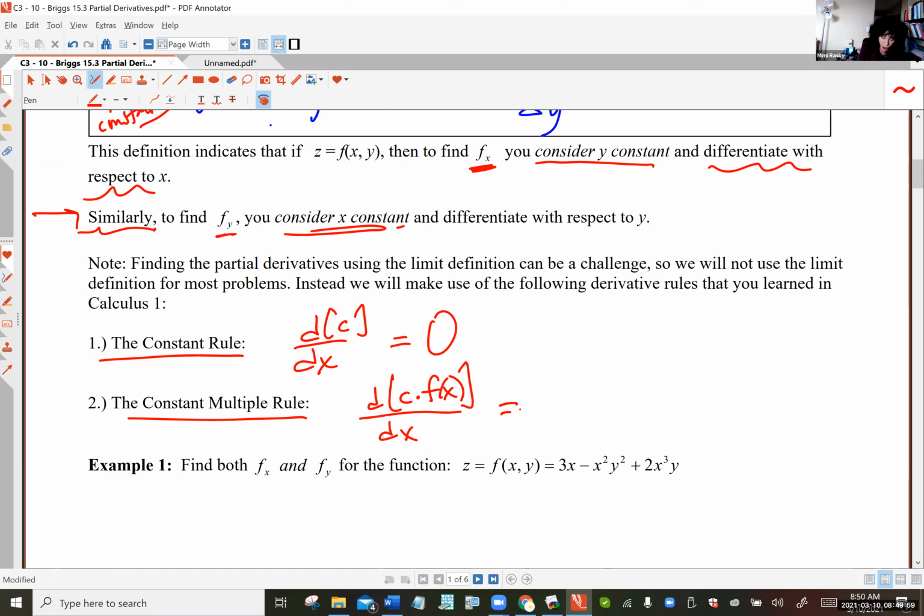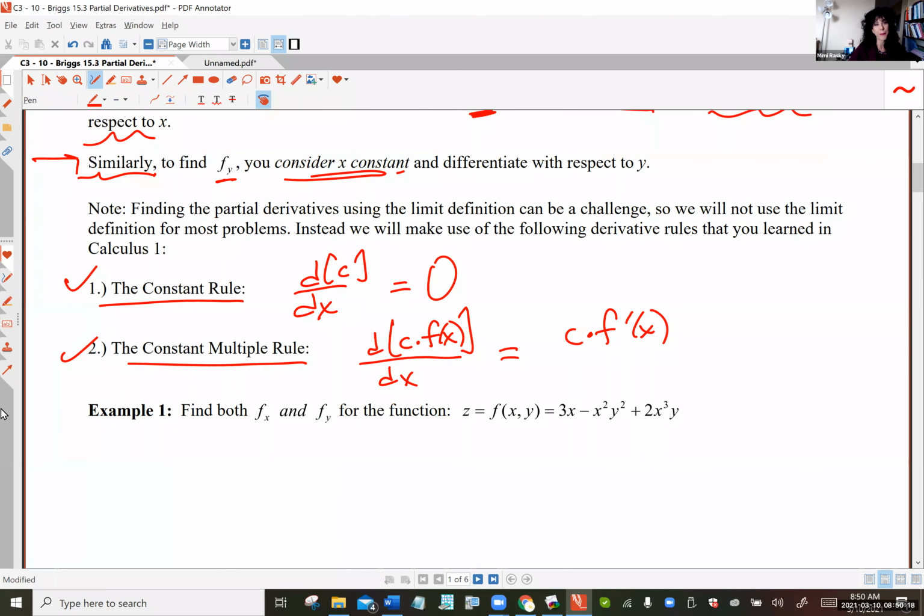Well, the multiple goes along for the ride. So you just copy them down, and then you take the derivative of the function, and you're done. So that's the constant multiple rule. So if you get both of these and you're like, okay, yeah, I get that, let's move on. Well, then you're ready to move on, but you got to wear those special glasses I told you about.